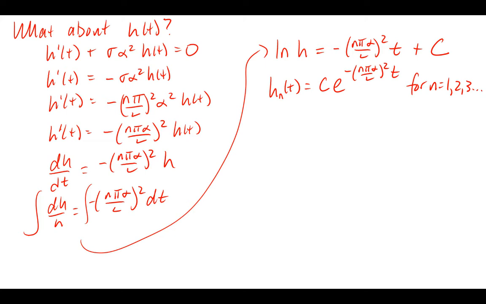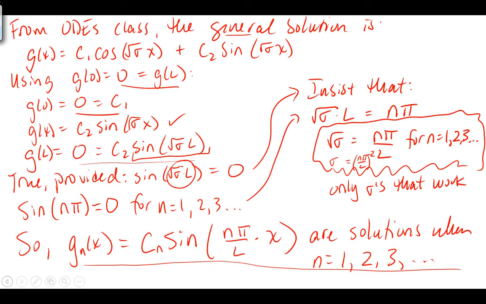We were trying to find a solution for h. Well, we found a whole family of solutions. All of those guys work. And if I want to, call that Cn. Okay, so believe it or not, we're done. So let's recap, one last recap, and then I'm going to write it all down.